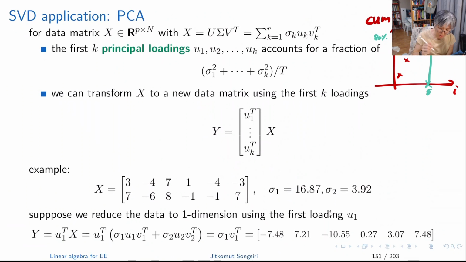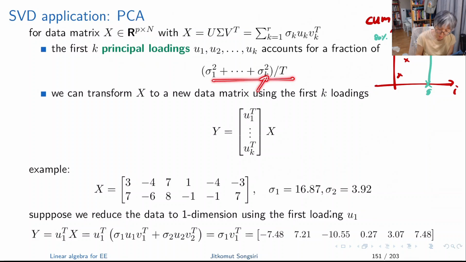So this is a place where you can perform the SVD. In PCA, you perform SVD on the data matrix. Then you pick the first k principal loadings, u1 to uk. The number k accounts for the fraction of the variance that you want to keep, so that you drop only a little from the total variance.